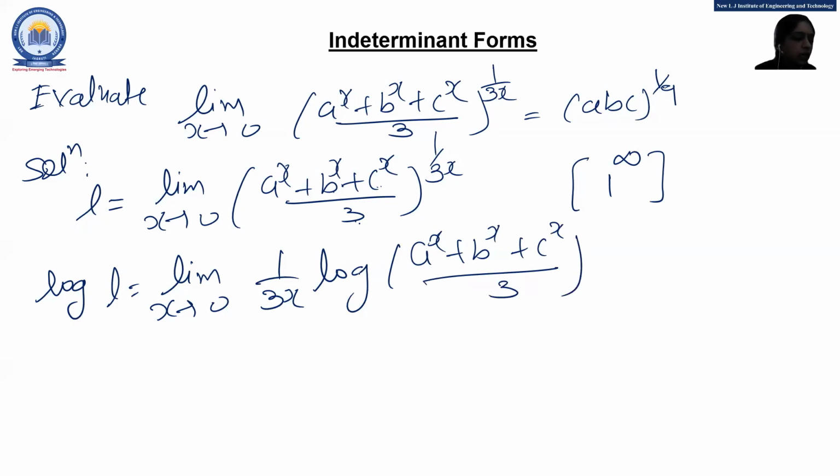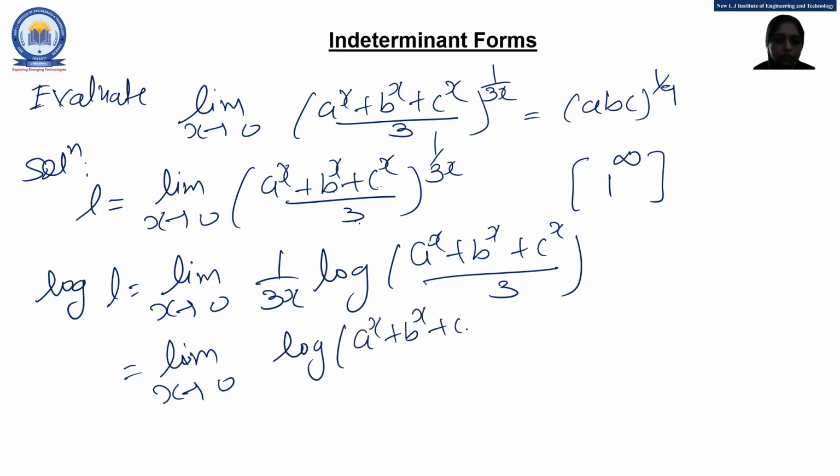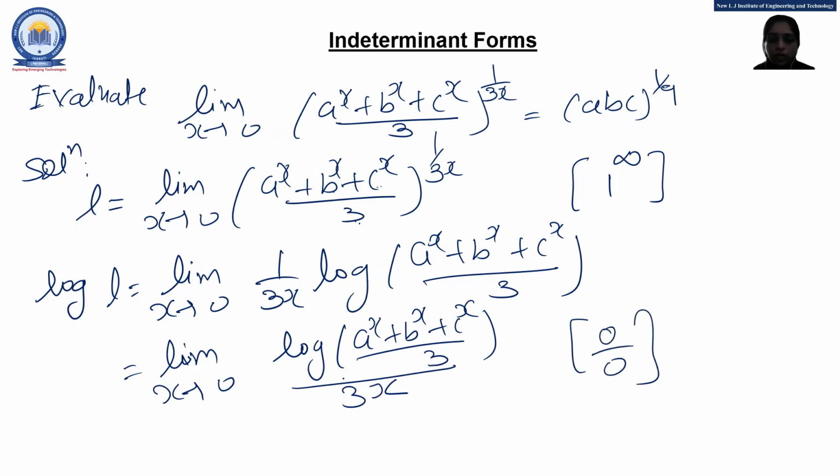Now, if I arrange this function in a particular manner, that is limit x tends to 0 of log((a raised to x plus b raised to x plus c raised to x) upon 3), this is my numerator, and this 3x is my denominator. So now this is 0 by 0 form. As this is 0 by 0 form, we now apply L'Hospital rule.